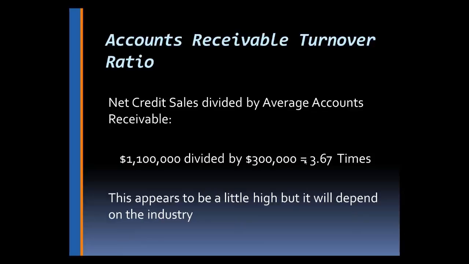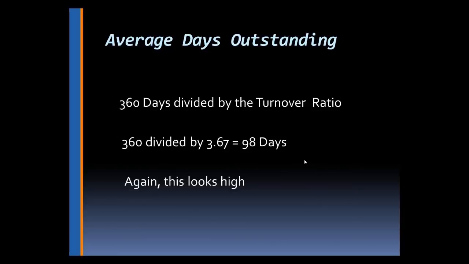Again, that will be governed by the type of business you're in and what your competition does. Here, to get the average days outstanding, we take the 360 days divided by the turnover ratio, which comes out to 98 days. And again, as I say, this looks very high. Most companies would want this to be in the neighborhood of 45 days to 50 days.